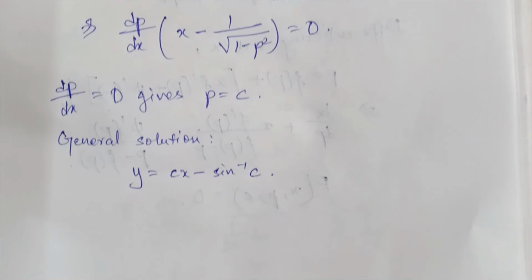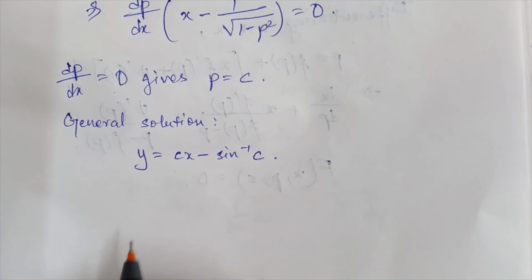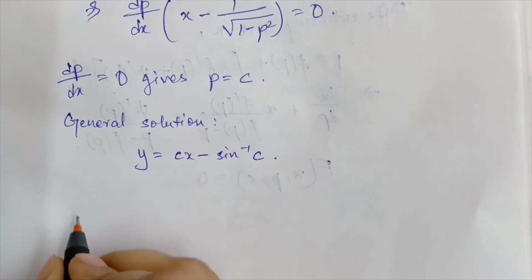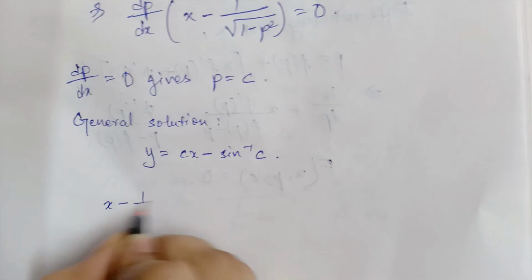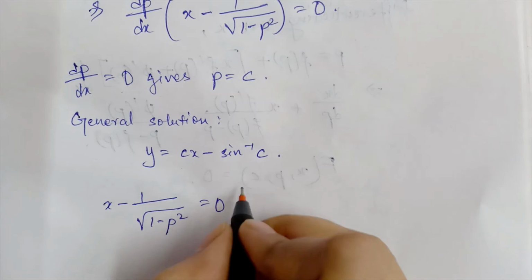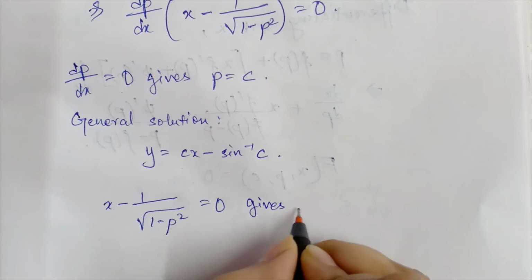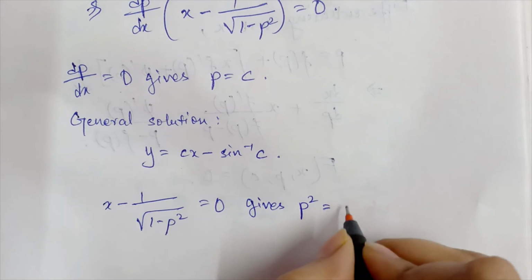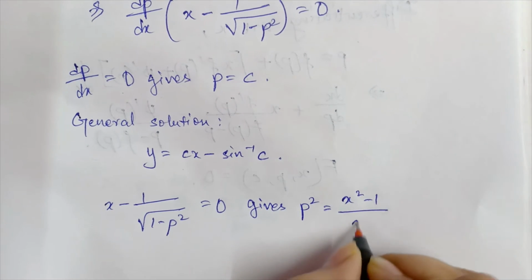However, when we take a look at x minus 1 by root over 1 minus p square equals 0, this gives us p square equals x square minus 1 by x square.